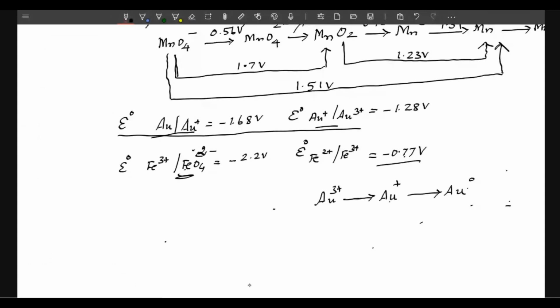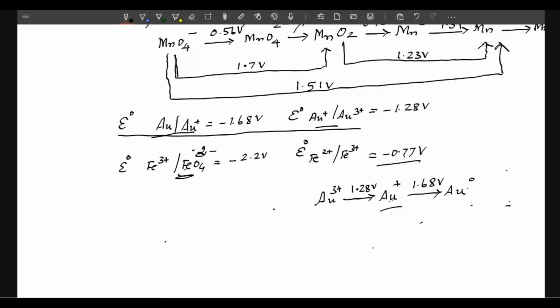Here what is the reduction potential value? 1.28 volt. Sorry, here minus, therefore reduction potential 1.68 volt. Looking into this diagram, you can say that Au+ is unstable.